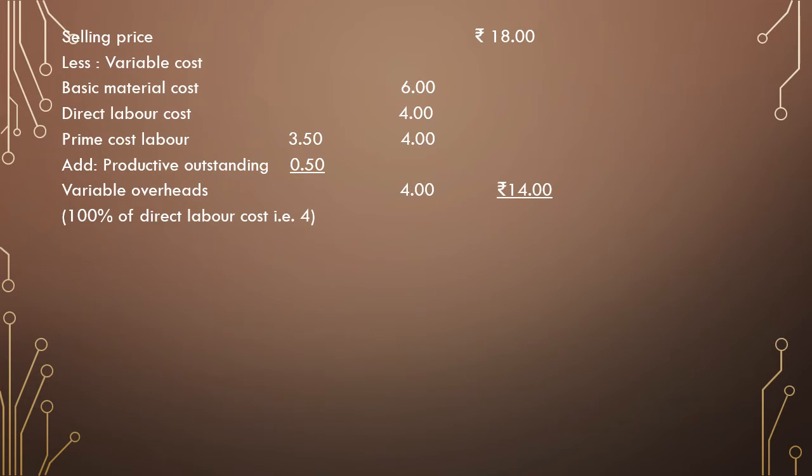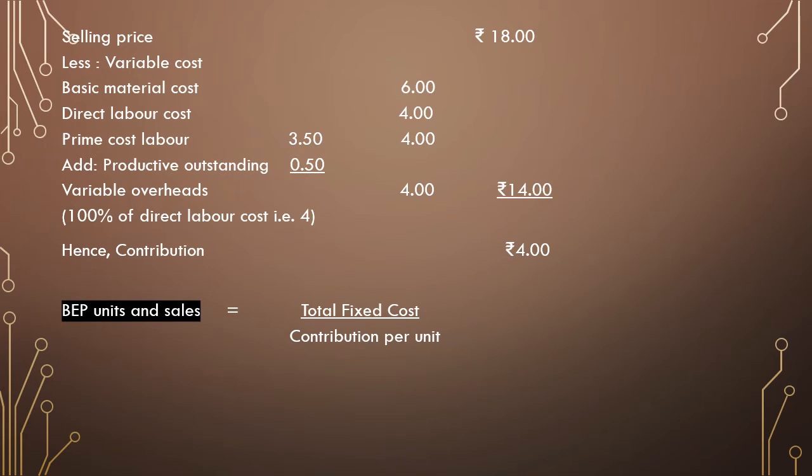Then there are variable overheads, which are 100% of direct labor cost, and our direct labor cost is rupees 4, so variable overheads will be rupees 4. Hence our total variable cost will be rupees 14. By deducting the variable cost from selling price, we get our contribution as rupees 4.